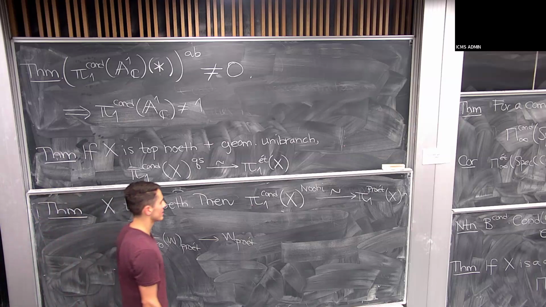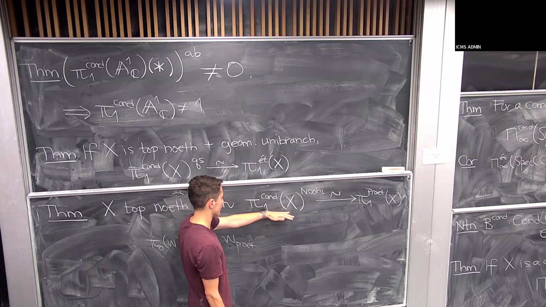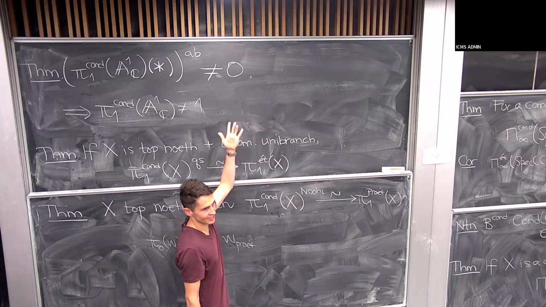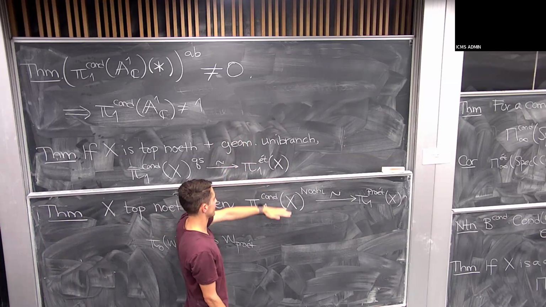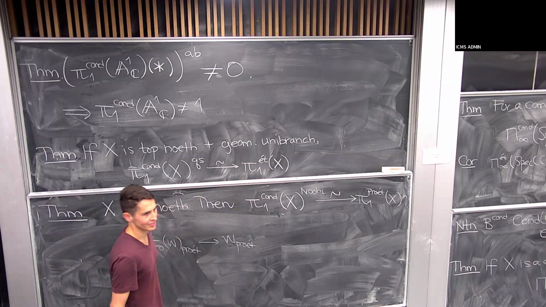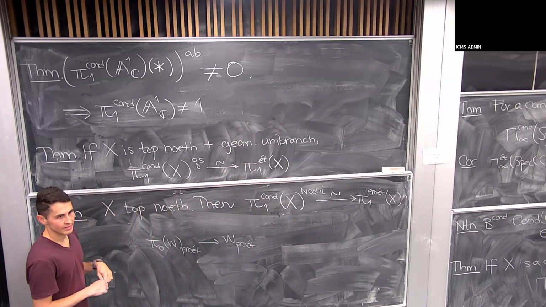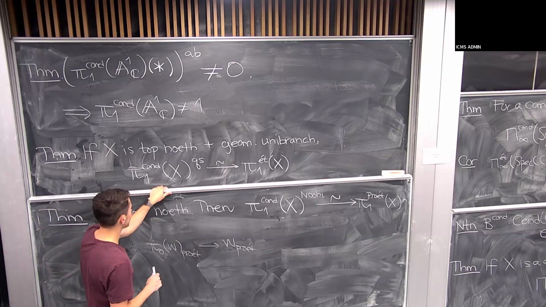If you want this guy to classify all local systems, it has to be true, because you can write down a non-trivial local system. If this is going to be trivial for A1, there's going to be a problem.